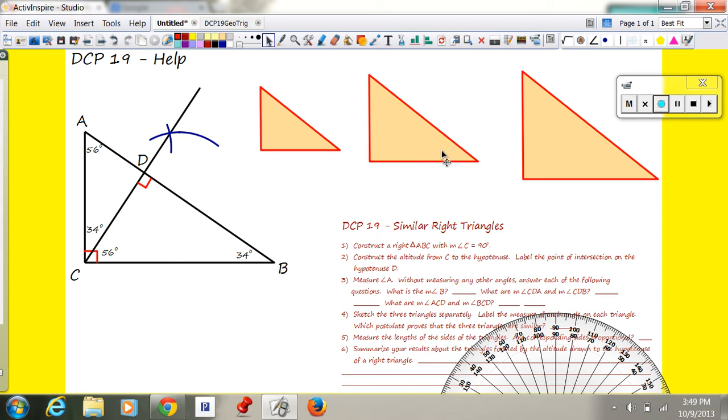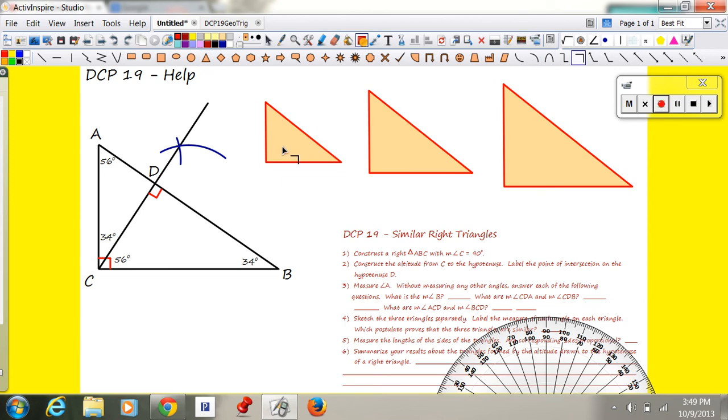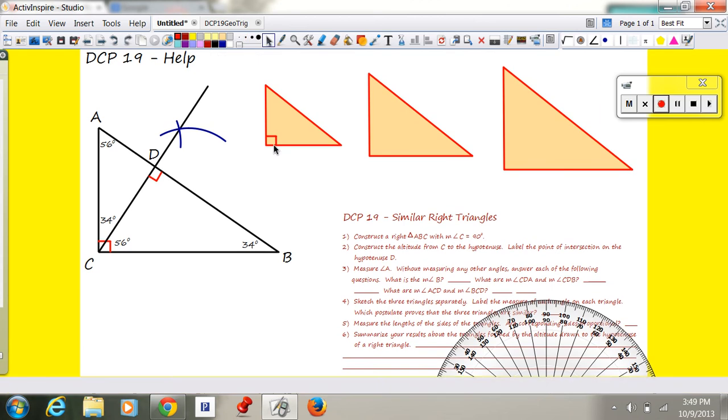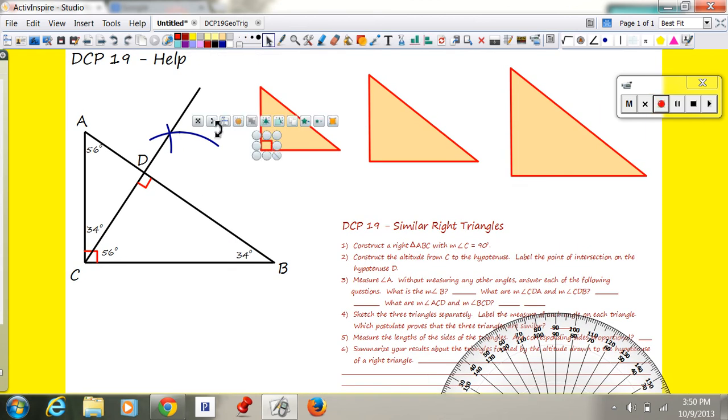What they want to see is, can you match up the angles in the right place? So that's what they were trying to check out here. Let me put the right angles in all of them.